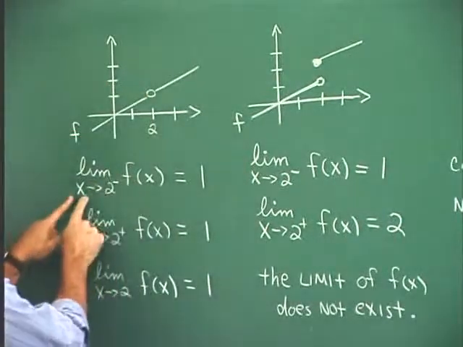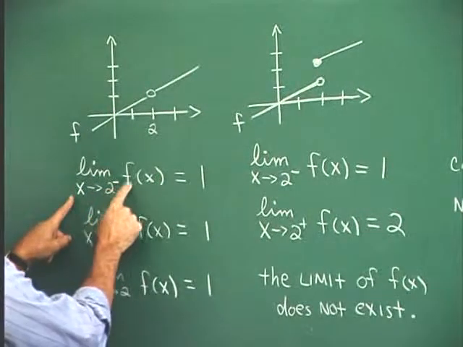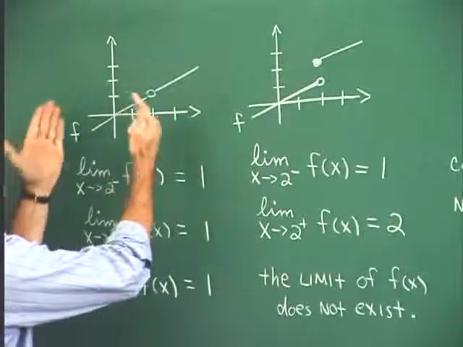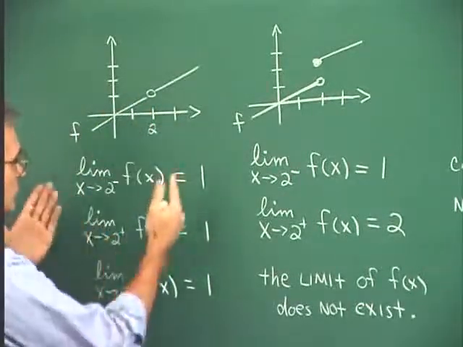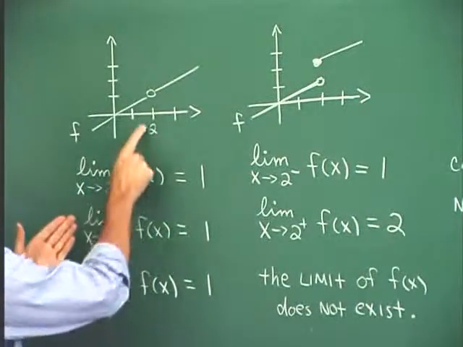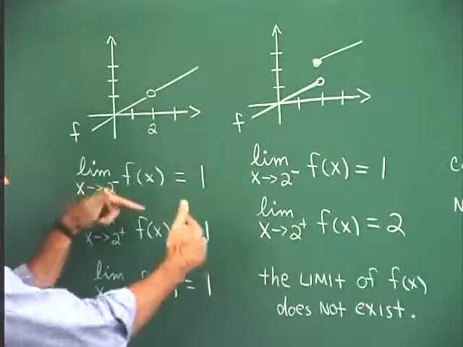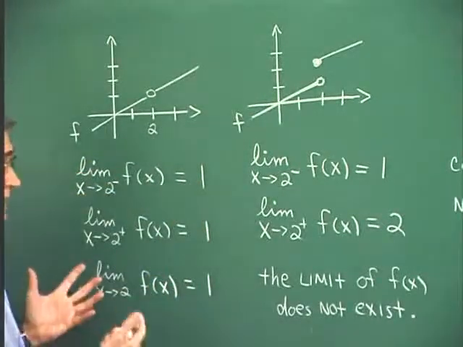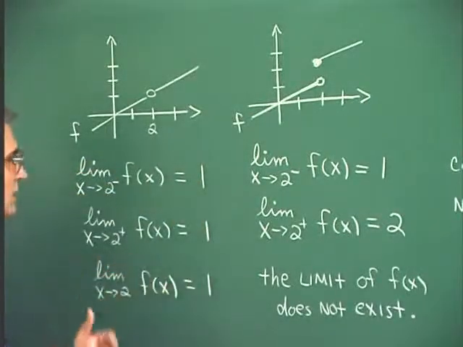The limit as x approaches 2 from the left of f of x equals 1. So the limit from the left at this target point is 1, and also the limit from the right at this target point is also 1. And that means if the limit from the left is equal to the limit from the right, then the limit generally of the function is 1.